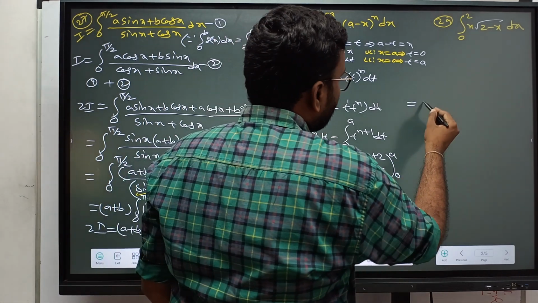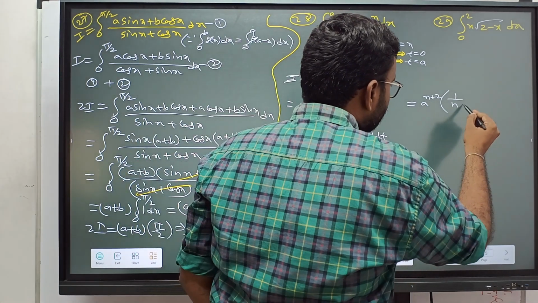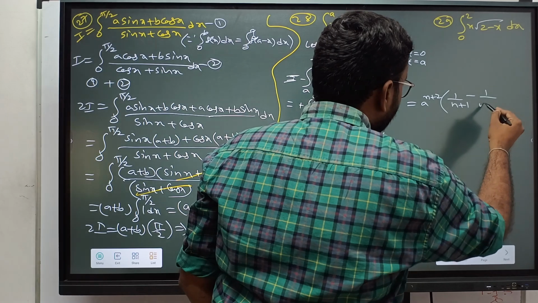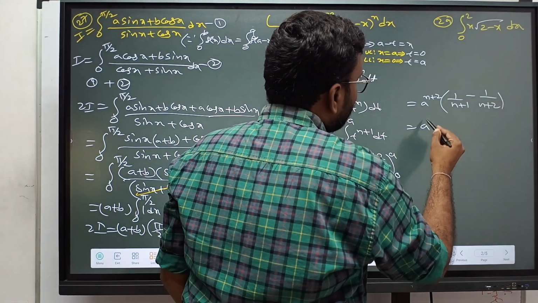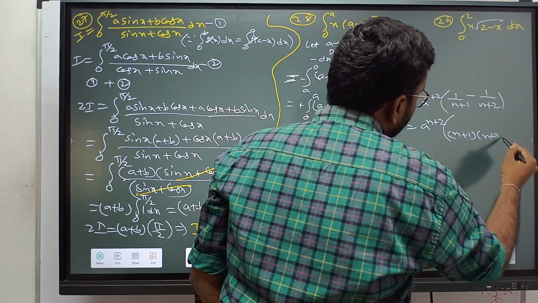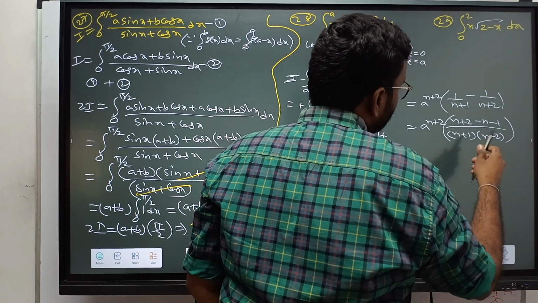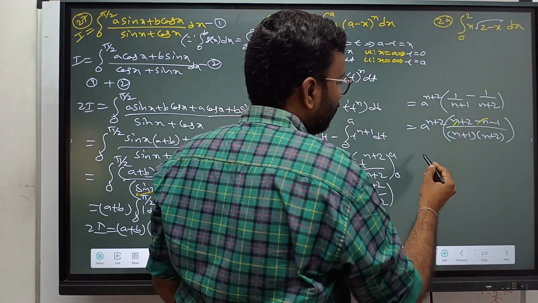Now I am taking a power n plus 2 common, so here remaining 1 by n plus 1, here remaining minus 1 by n plus 2. Now LCM, a power n plus 2 into LCM n plus 1 into n plus 2, and this will come this side, that is n plus 2 minus n minus 1. So here n cancels, 2 minus 1 will be 1.